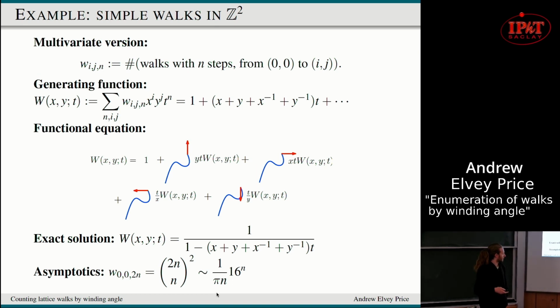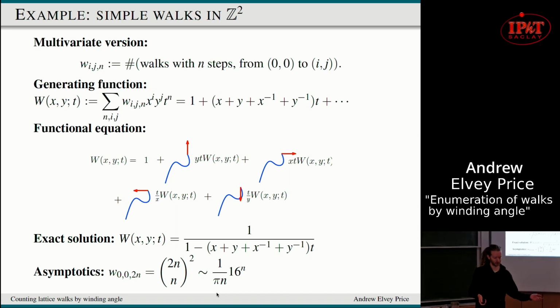We could also ask questions like what's the distribution of the final coordinate of a random walk of length n, and all that information is contained in the exact solution.